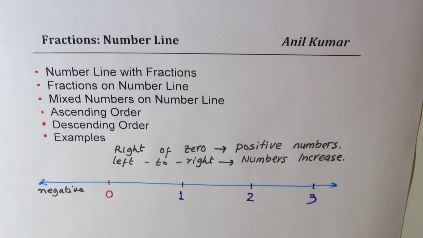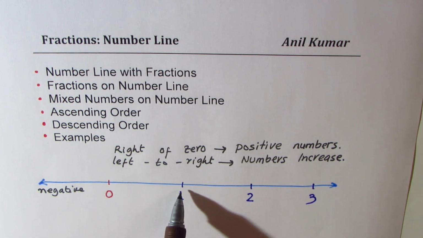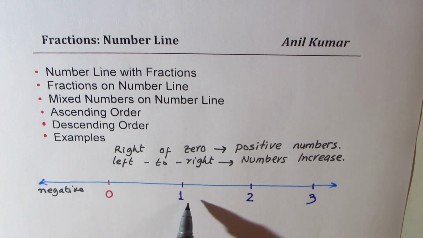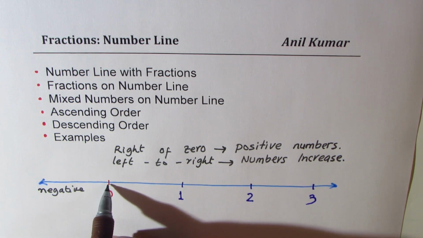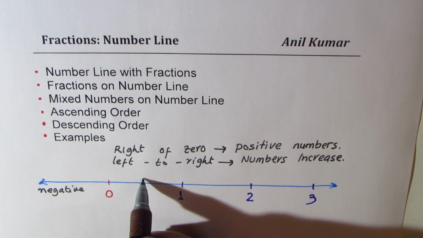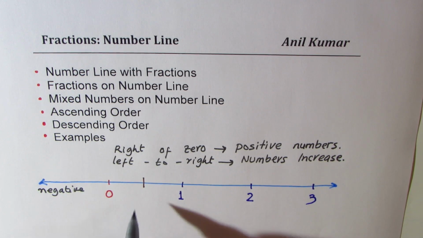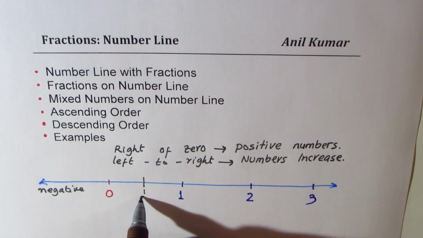To give you an idea, this number line can be divided into parts. We already done these divisions and written 1, 2, 3, 4. So these are whole numbers, correct? But we could divide it further. For example, this unit from 0 to 1 could be divided right from the center. So that will become half of it, correct?